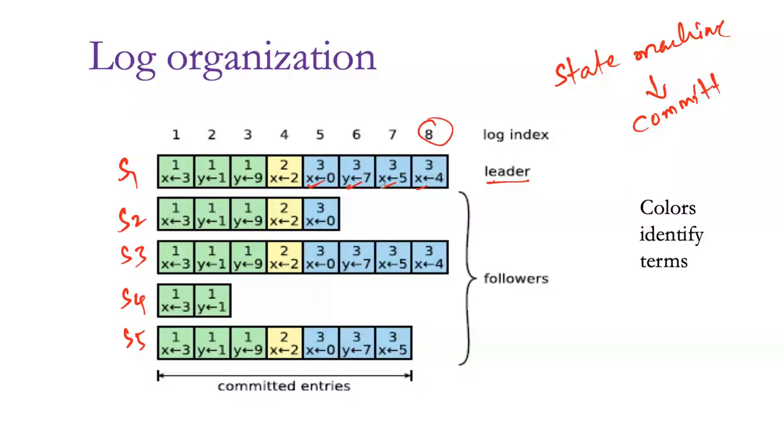So the majority of servers who are active in this log index, meaning up to 7, are your server 1, server 3 and server 5. They are active, correct? So out of 5, 3 are active, that means the majority of servers are active. So the new log which is going for commitment is up to log index 7.